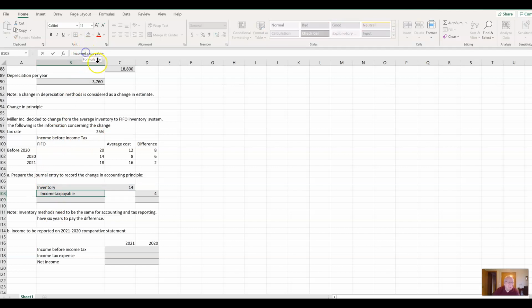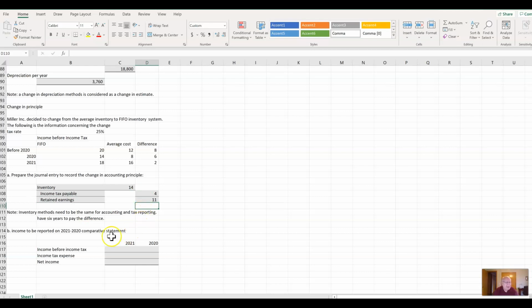That's all one big word now. Income tax payable, there we go. And then we would have retained earnings, which would be the difference of 11 million.